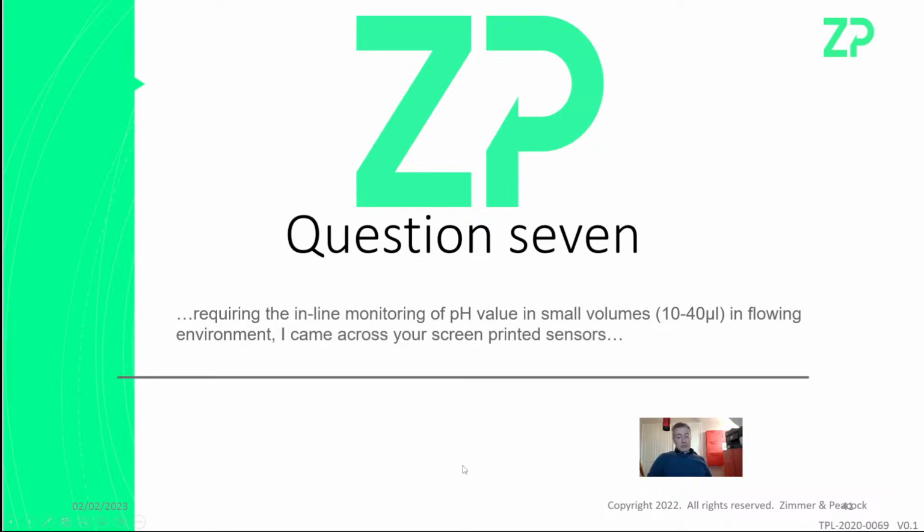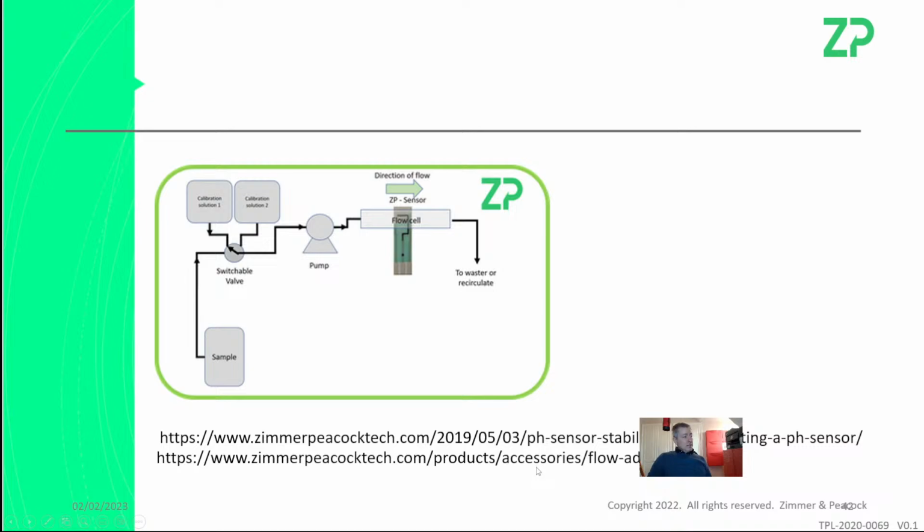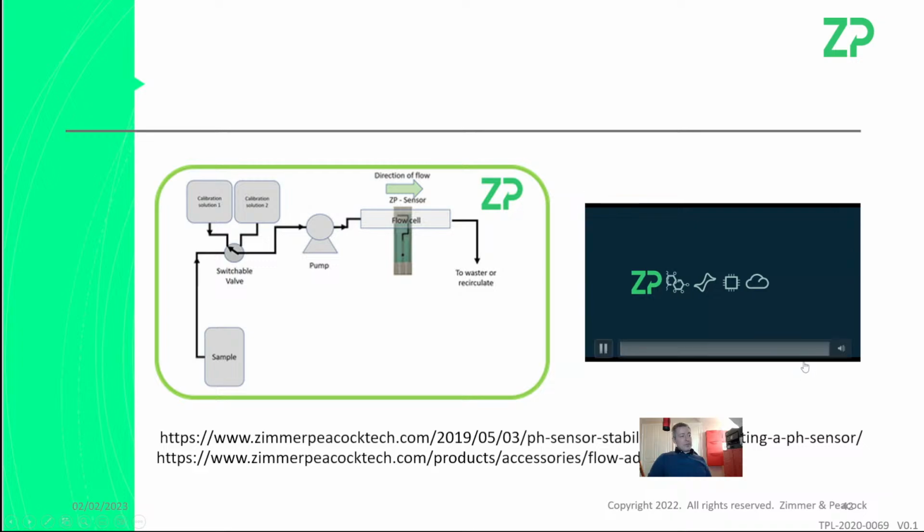With the volume size, we're making sensors today for clients where the volume under test is 4 microliters or 1 microliter. We're obviously doing this in microfluidic devices, but no real issue. Our sensor, especially the pH sensor, will withstand flow cells.